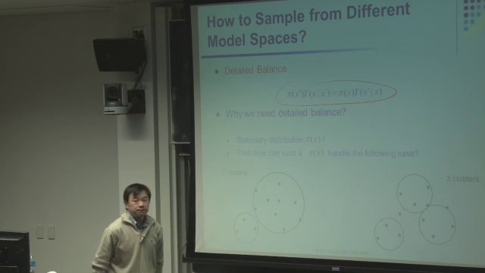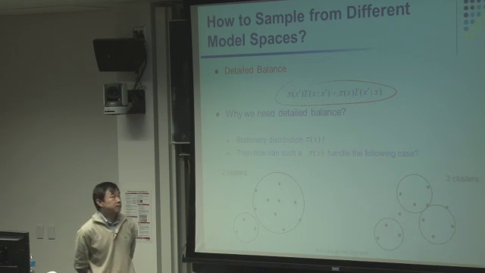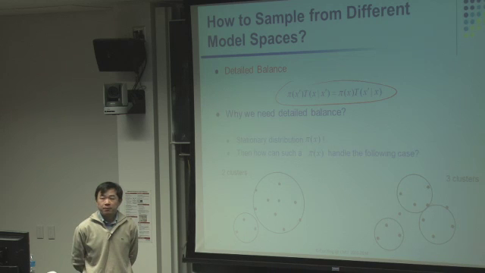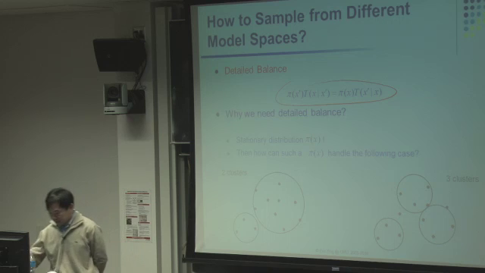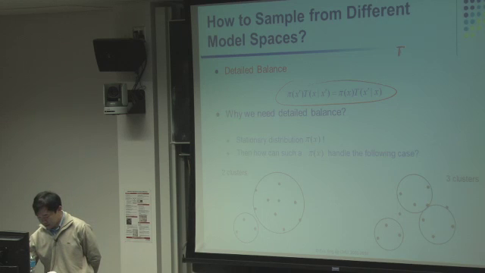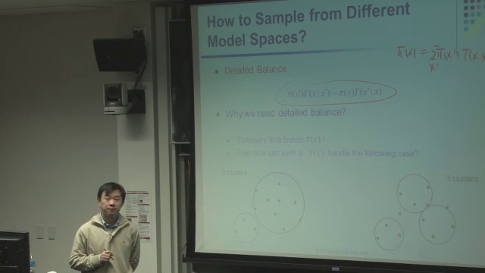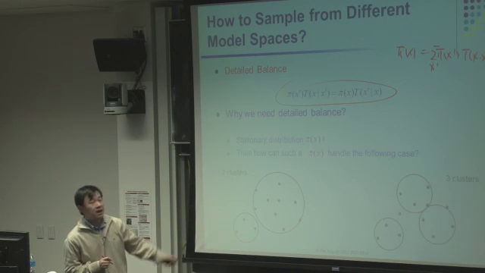With detailed balance, an important consequence is that you can get a proof of the existence of a stationary distribution, right? What does stationary distribution mean? It means basically, it's a distribution which is invariant under transition. That's stationary distribution. This is one way of understanding that.